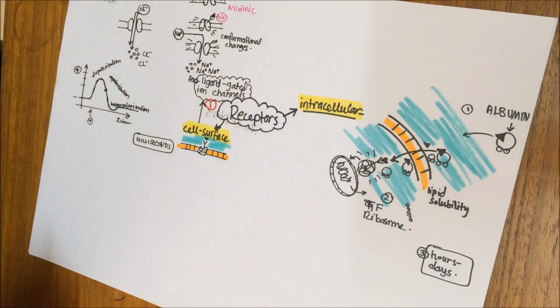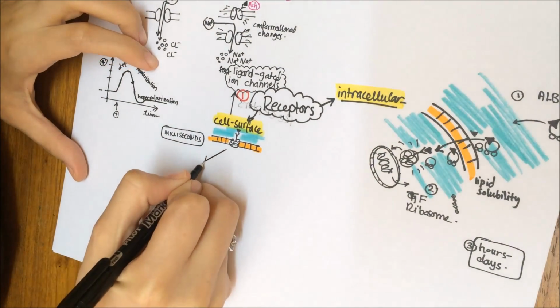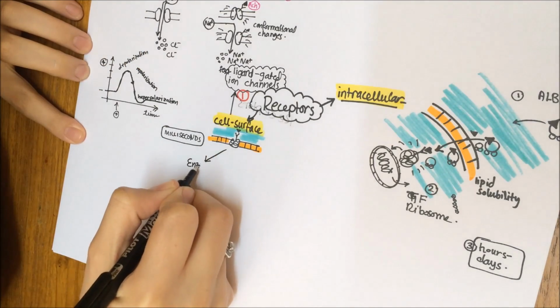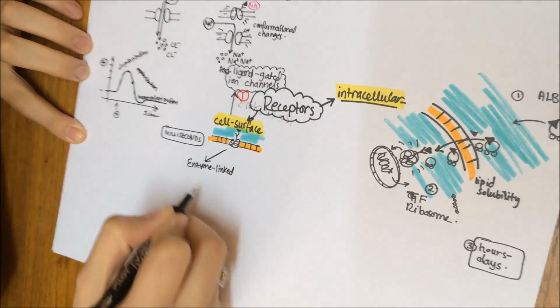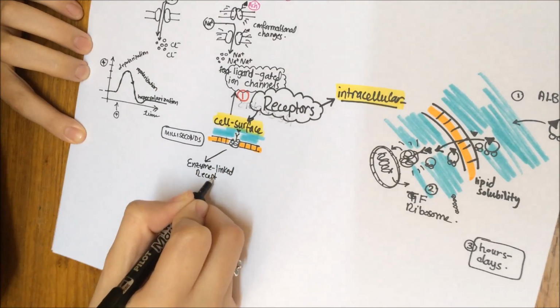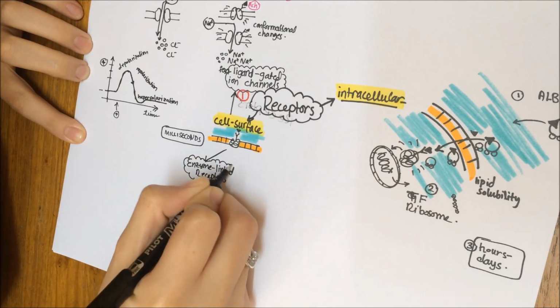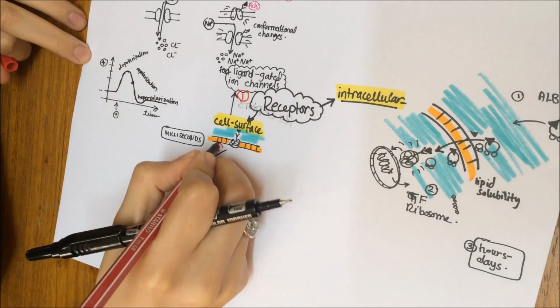Now the other type of the cell surface receptors is the enzyme-linked receptors. This is number 2.